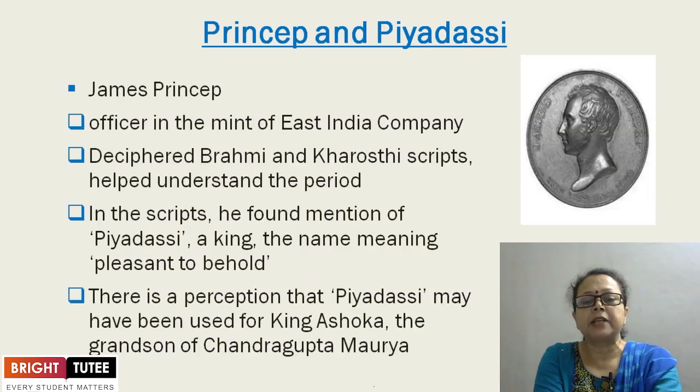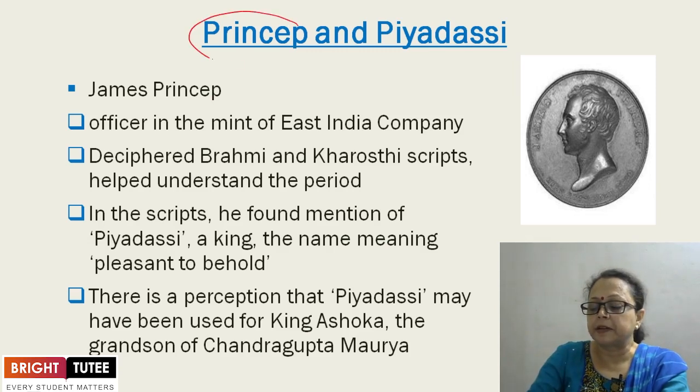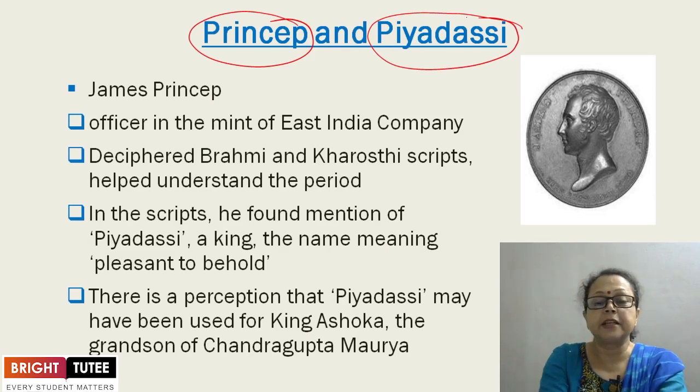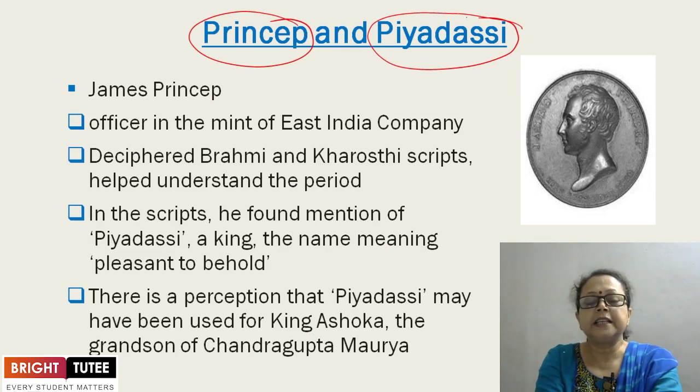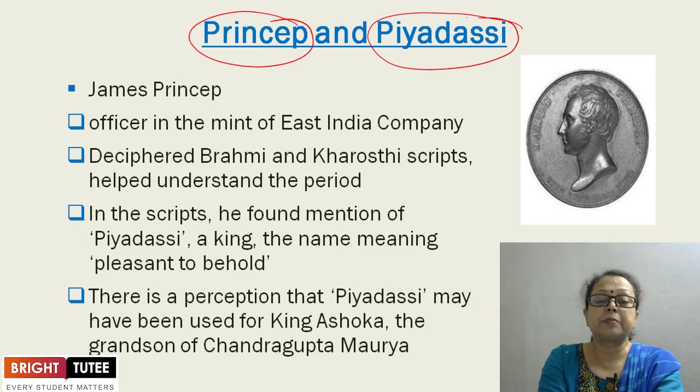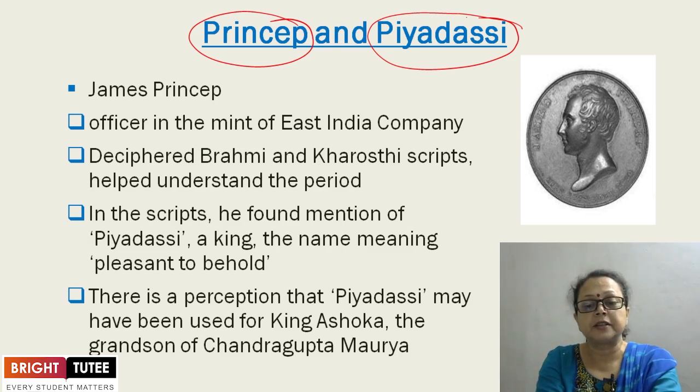Then it is about Princep and Piyadasi. What is the meaning of this Princep and what is this word Piyadasi used for? These are not simple English and Hindi or Sanskrit terms. Might be it is in Kharosthi, might be it is in Prakrit or Pali language. These were the languages spoken by common people.